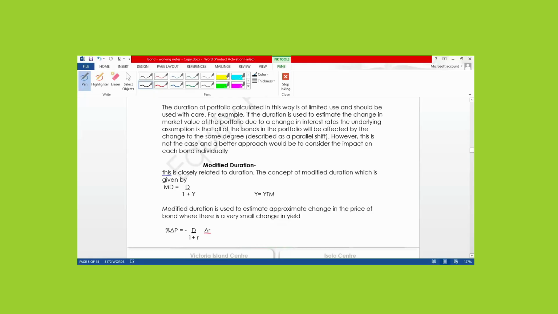It is calculated as duration divided by 1 plus y, 1 plus the YTM. Modified duration is used to estimate the approximate change in the price of a bond when there is a small change in yield.